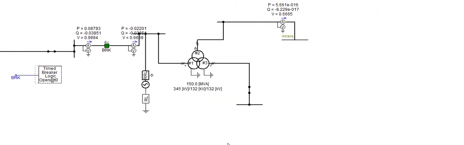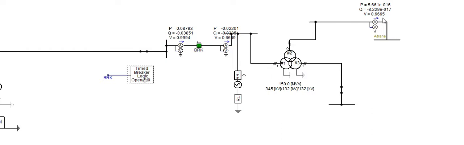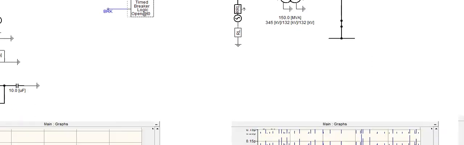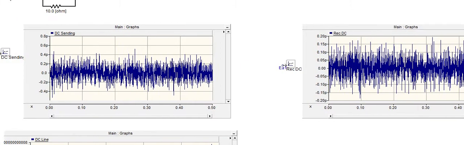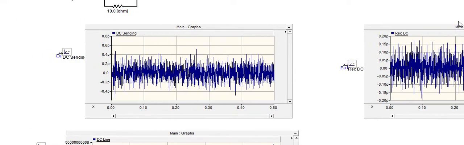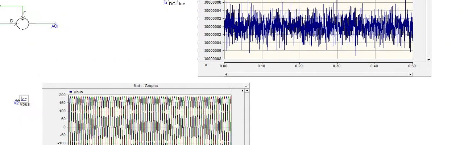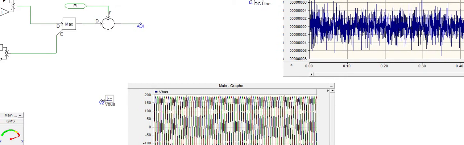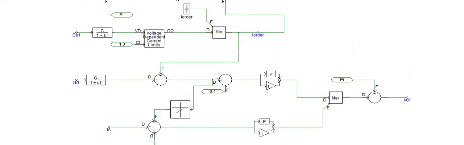Now these are my outputs. I have voltage here, very low voltage. These are per unit values as I told you earlier, and these are my currents. You can see from the virtual wire option which I told you earlier, these are my bus voltages and my control circuit.